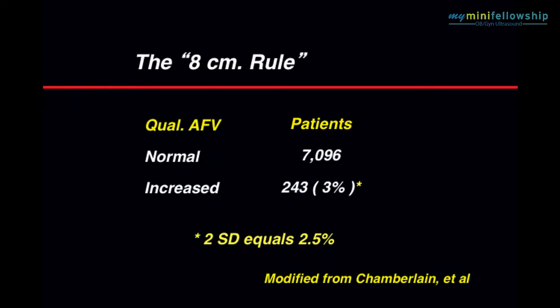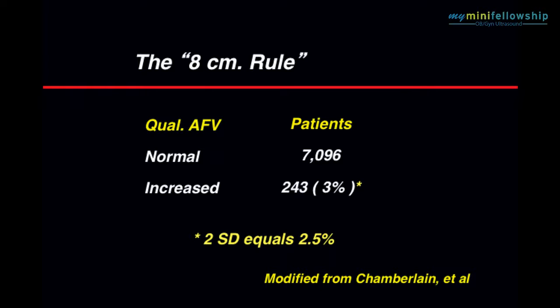Well, to be perfectly honest, even though I have a great deal of respect for Dr. Manning, when I read his paper, I thought to myself, Frank has gone off the deep end here. There's absolutely no way this complicated fluid that we see insinuating here and around this structure and around that structure, take one measurement and you can decide whether there is or is not polyhydramnios, made absolutely no sense to me.